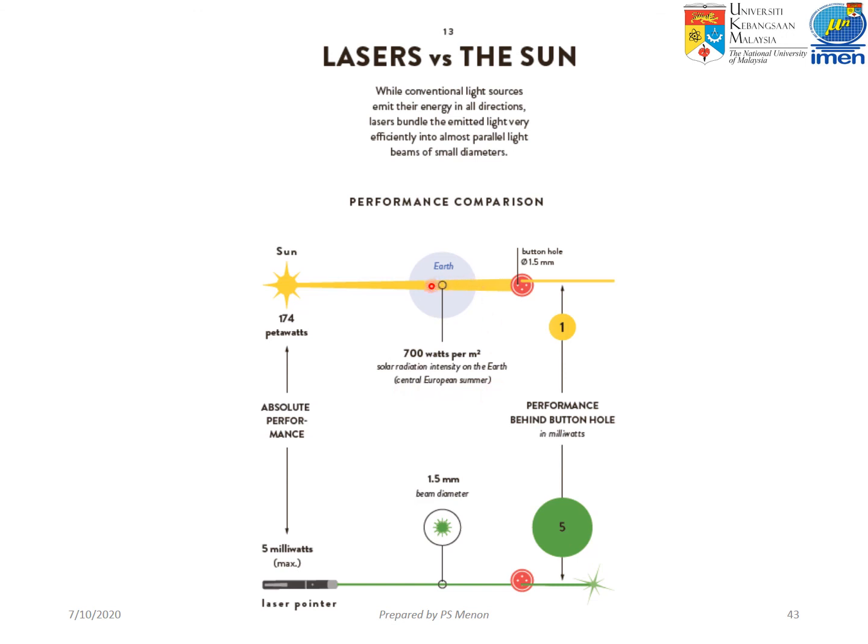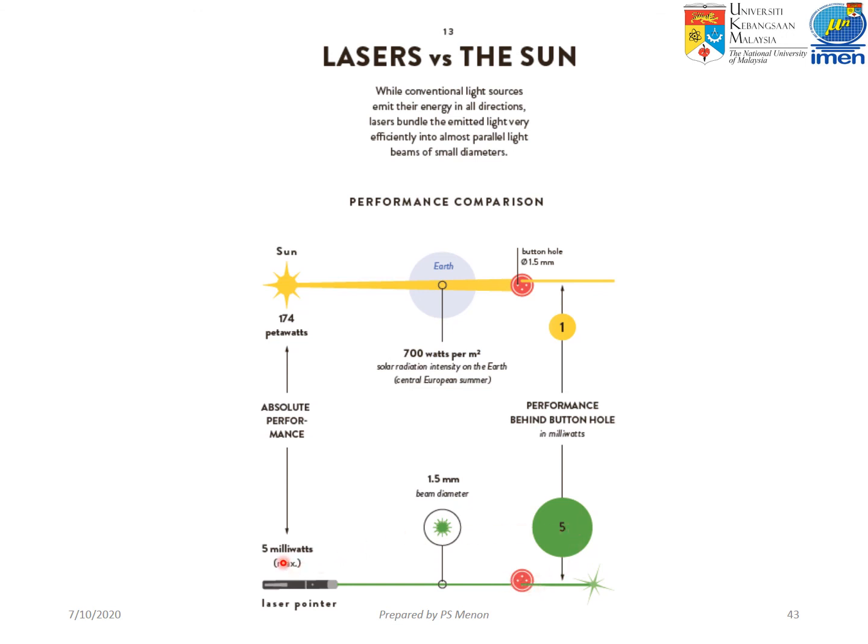If you take this solar radiation and put it through a buttonhole with a diameter of 1.5 millimeters, the power is about 1 milliwatt. You get back 1 milliwatt of power, versus this 5 milliwatt laser pointer. The beam diameter of the laser is 1.5 millimeters, and if you put it through a buttonhole with a diameter of 1.5 mm, you get back 5.